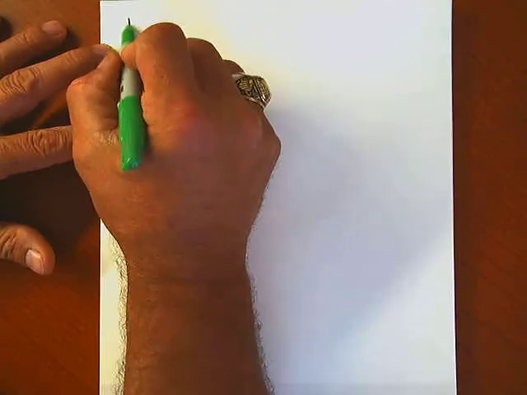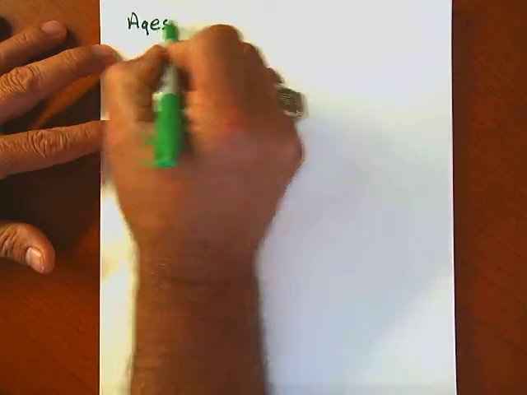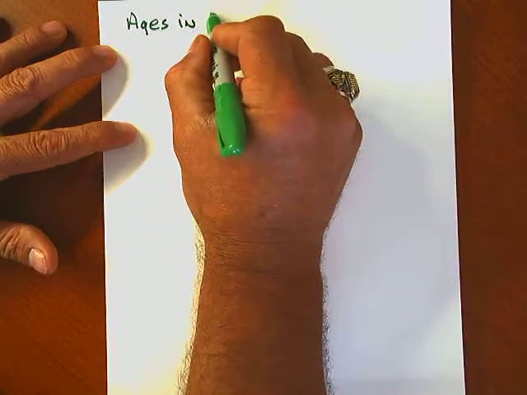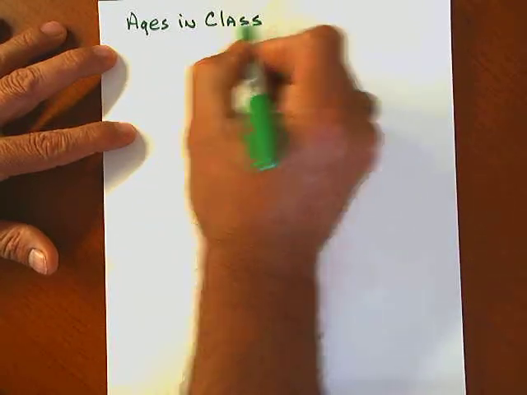So let's go ahead and I'll just make up a problem with some ages in the classroom. Let's say we have 6 people in the classroom and their ages, and I'll just label this ages in class.